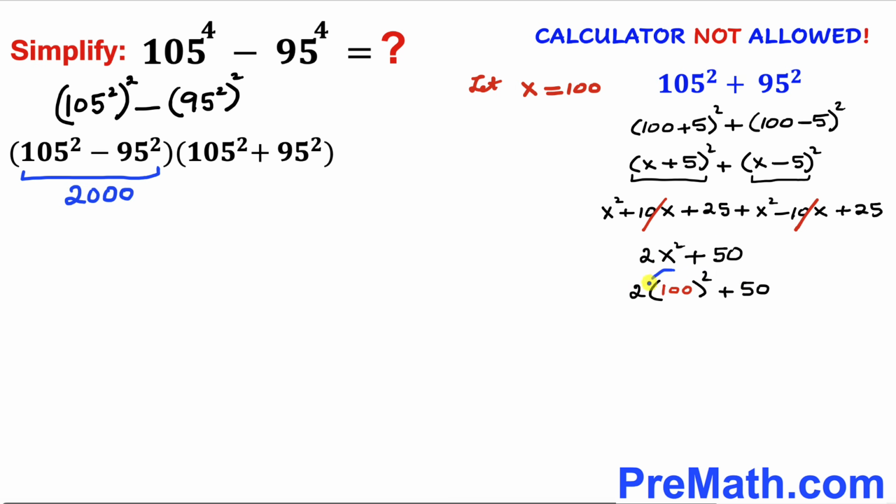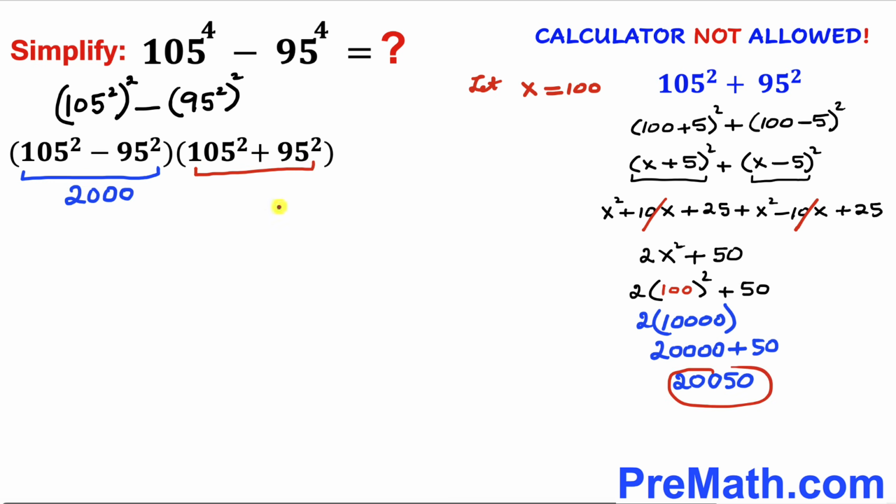And now we can see 100 square is 10,000, and then times 2. If I multiply this thing, that is going to give us 20,000, and then plus this 50. So thus this whole thing has been simplified to 20,050.